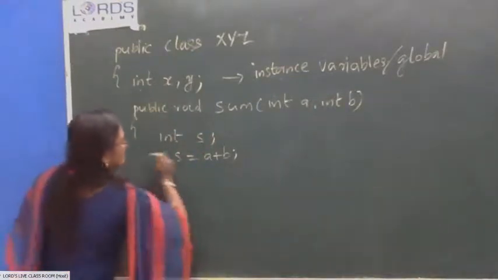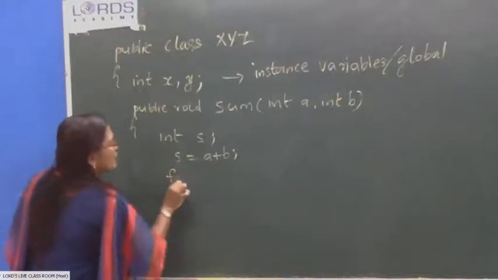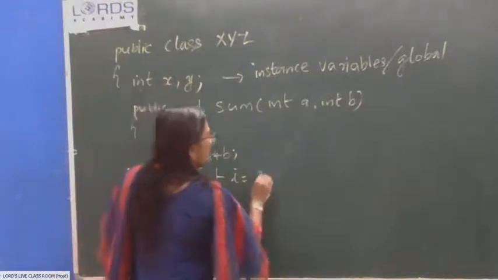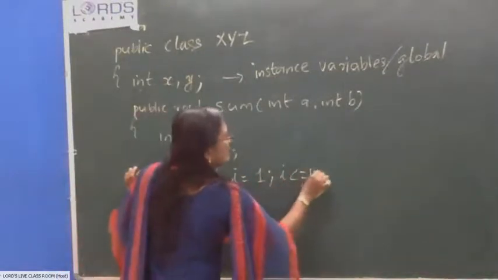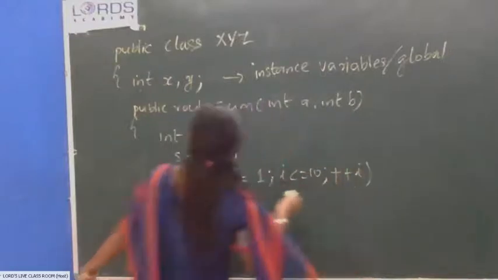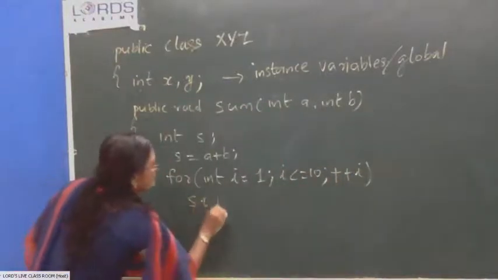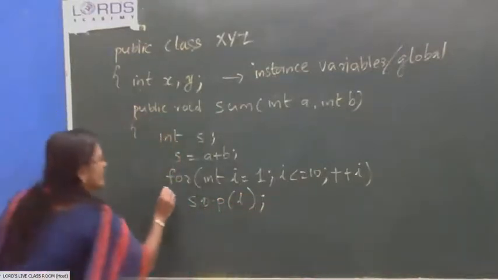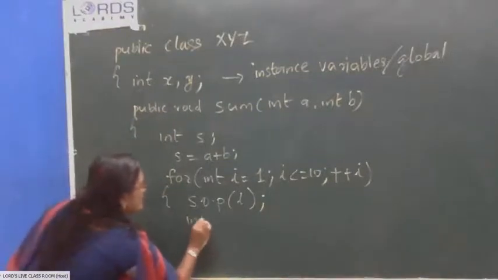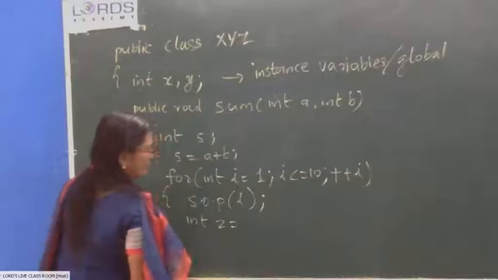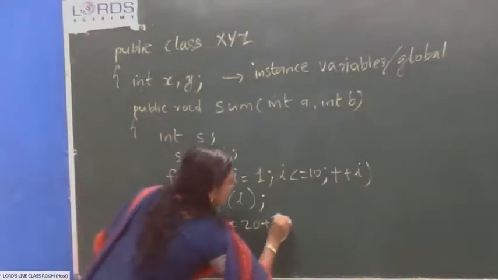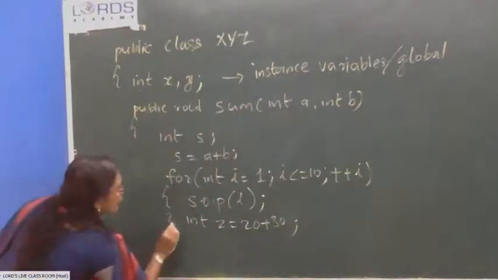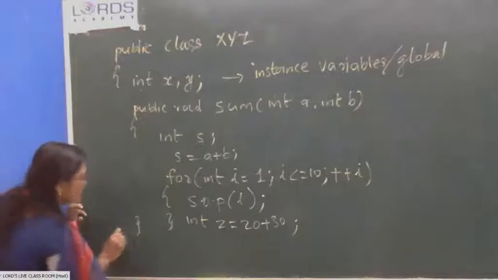Inside this, imagine that there is a for loop written. For int i equal to 1, i less than or equal to 10, plus plus i, System dot out dot println i. And inside this for loop, int z equal to 20 plus 30. Some statements. For loop is closed, method is closed.